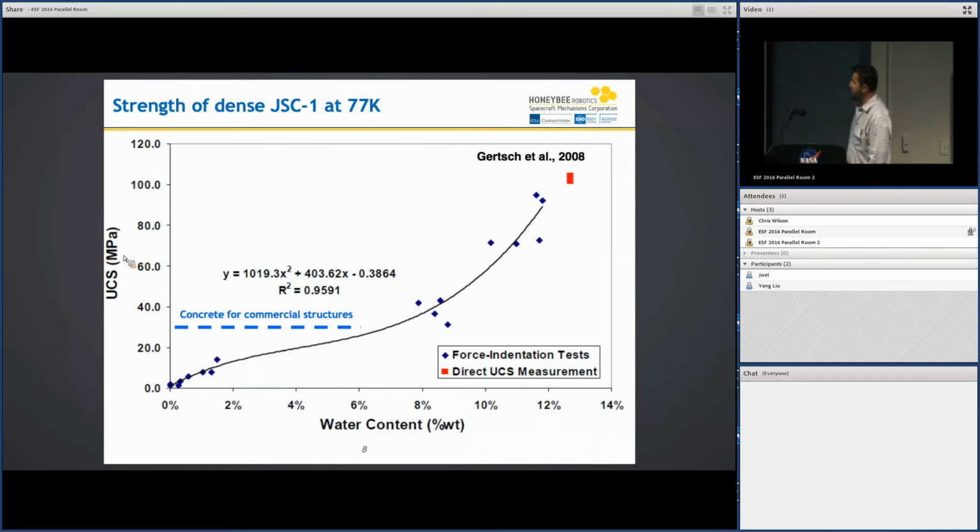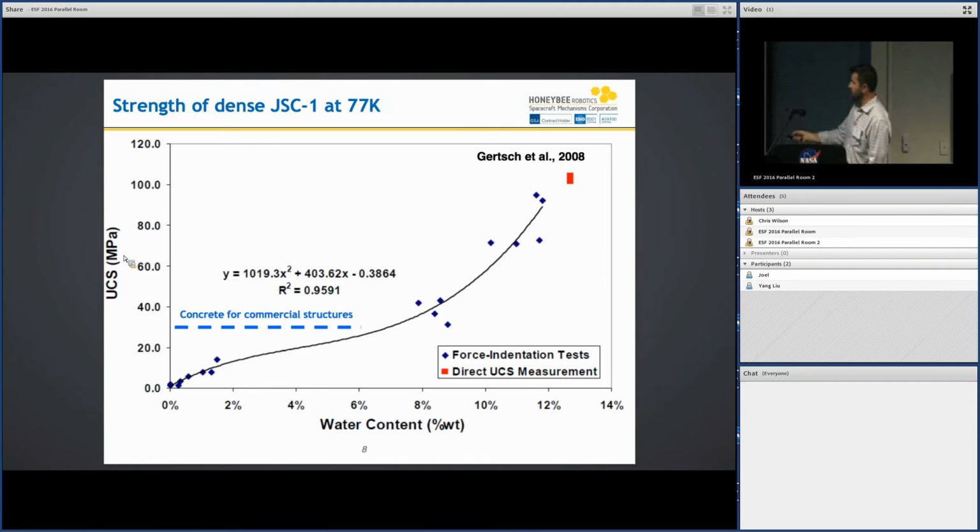And why is that? Well, if you look at the unconfined compressive strength in MPa, this tells you how hard the formation is as a function of water content at liquid nitrogen temperature. Very quickly you realize there is this curve that shows it goes all the way to around 100 MPa for a fully saturated sample.